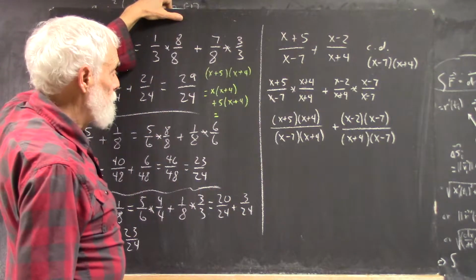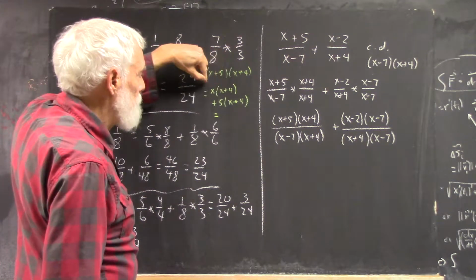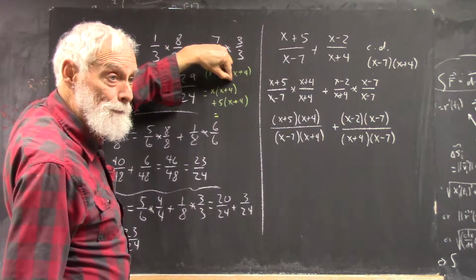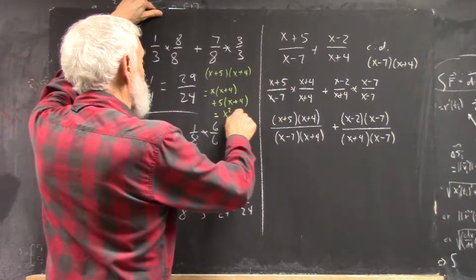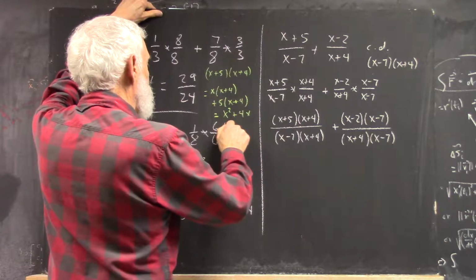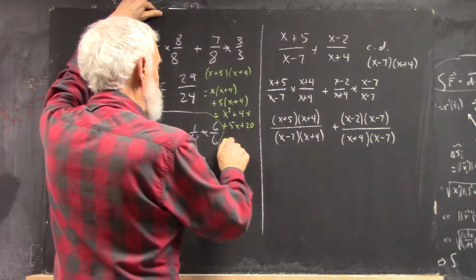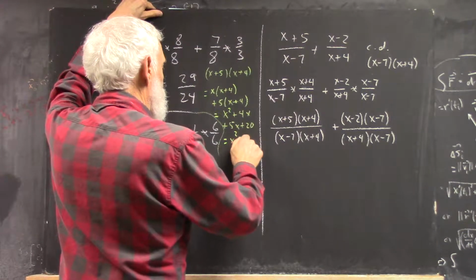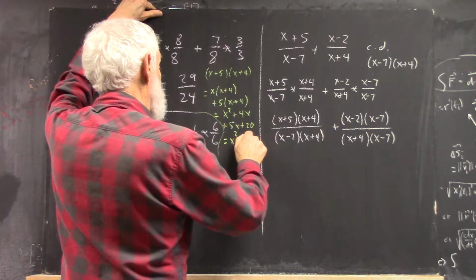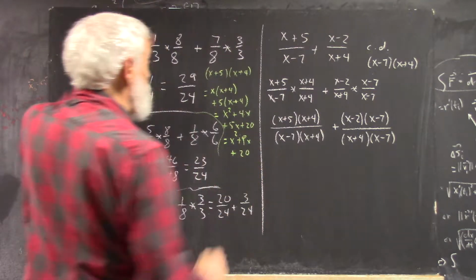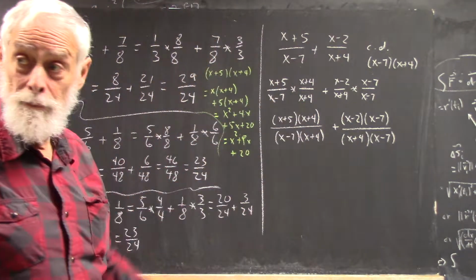And then by the distributive law again, x times x plus 4 is x times x plus x times 4, right? Of course, x times x is x squared. X times 4 we write as 4x, and then we have 5x plus 20. And then 4x and 5x, we got 4 of them, we got 5 of them, we got 9 of them. So to get this numerator, I multiply this out, and that's what I get.